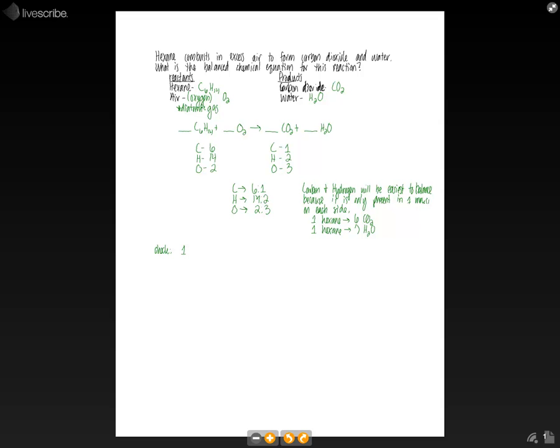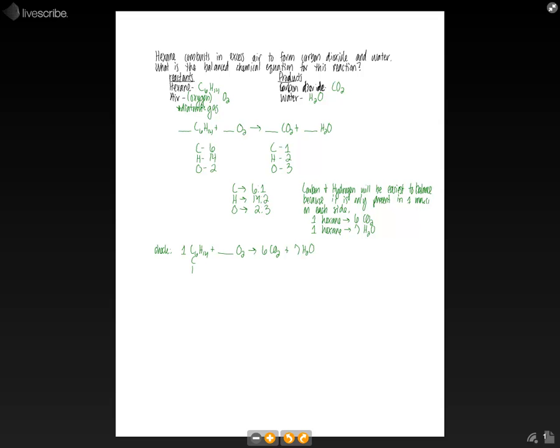We said we have one hexane, which is C6H14, plus blank O2 yields 6 CO2 plus 7 H2O.